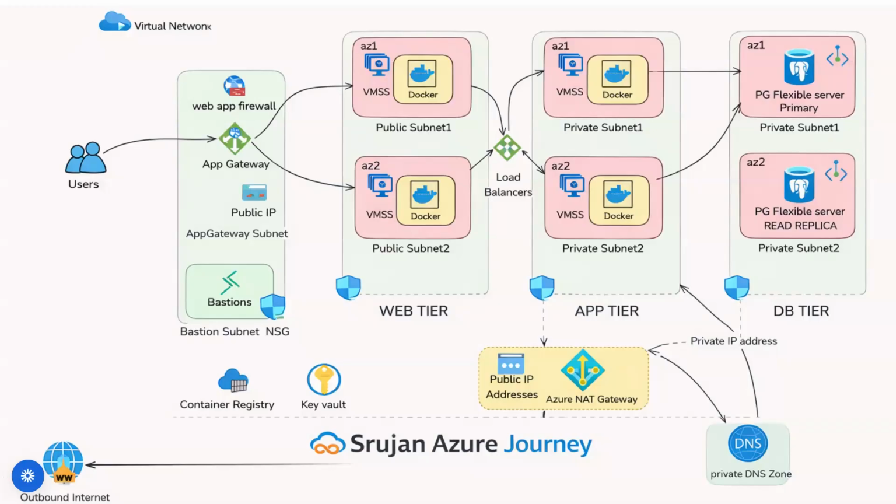So instead of normally assigning public IP, which is a very bad practice, we have deployed a NAT gateway which will give us controlled outbound internet access, as well as there is a key vault for secret management, and we are going to pull all the images using Docker registry, or we can say Docker Hub.